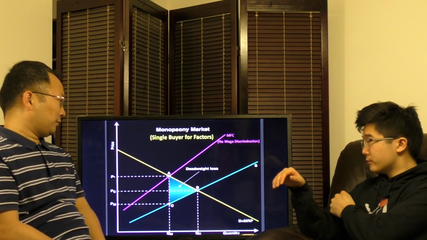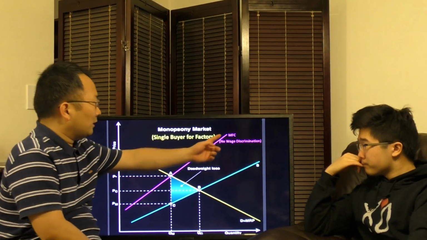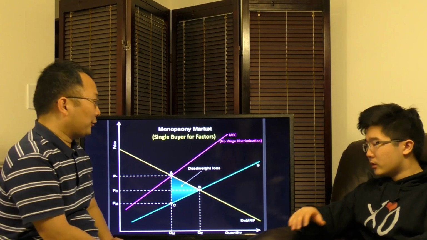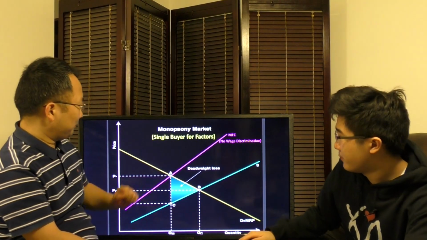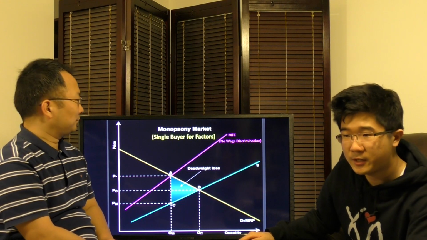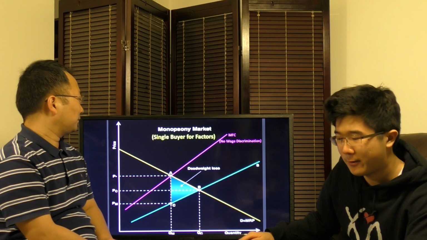Exactly. And we can see, based on the principle that MFC must equal MRP under the optimal hiring condition, that much like a monopoly is a price maker, not a price taker, a monopsonist is a wage maker, not a wage taker.